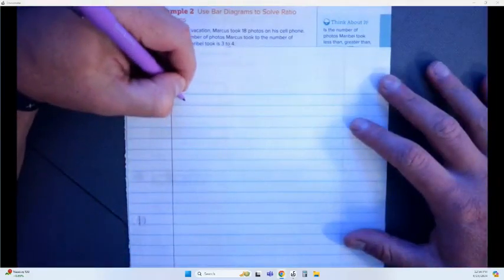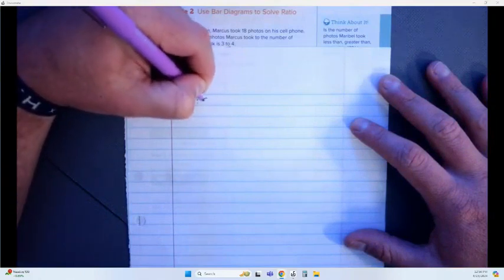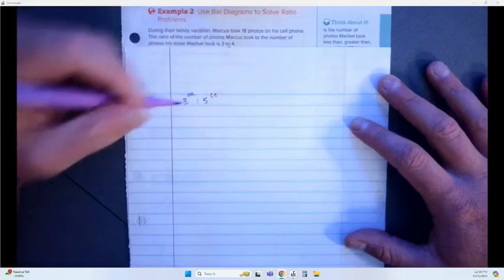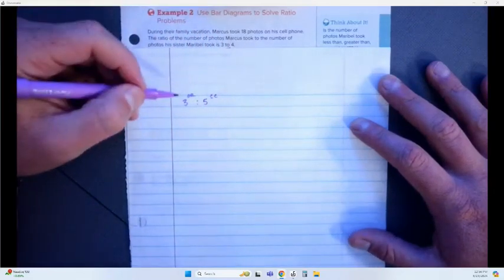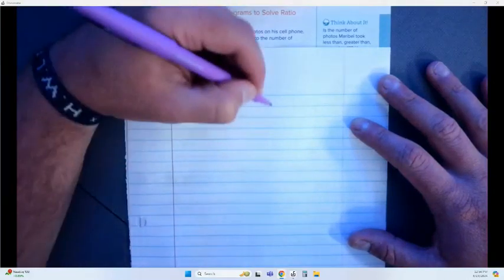So altogether, that would be a total of 8 people. I know that 3 prefer oatmeal raisin, 5 prefer chocolate chip. So I need a bar diagram that has 8 total sections.